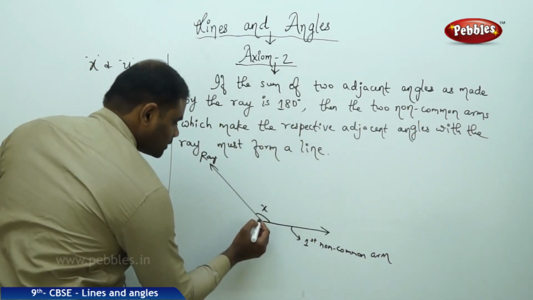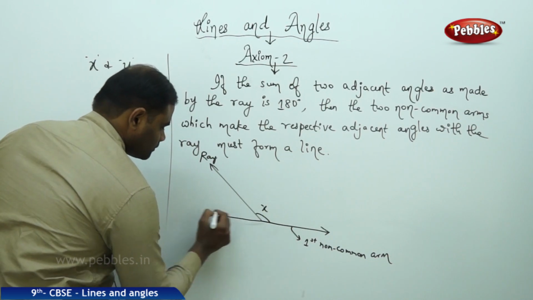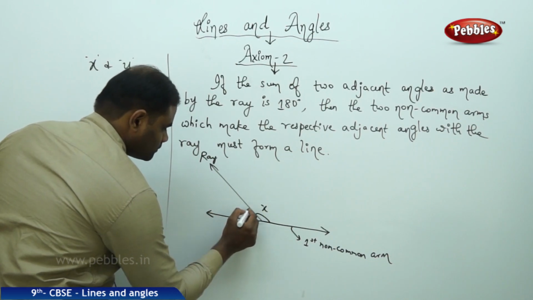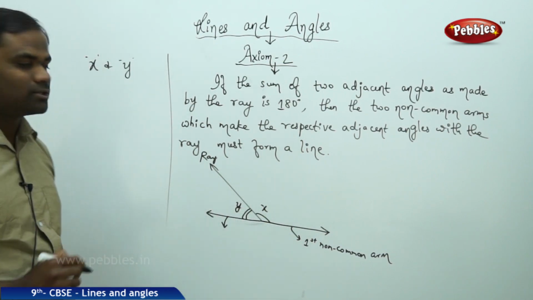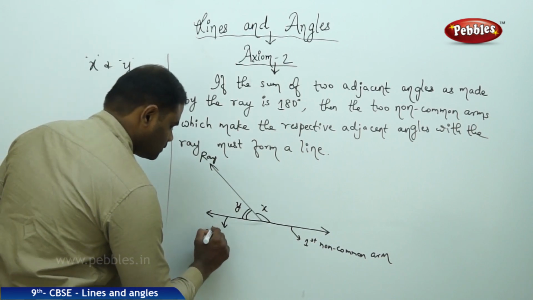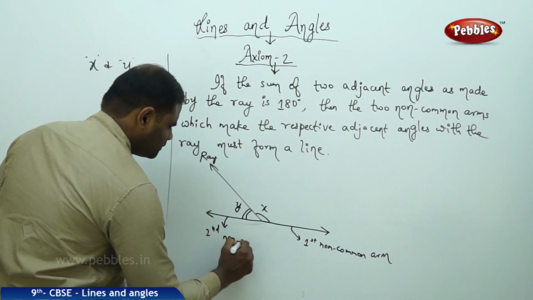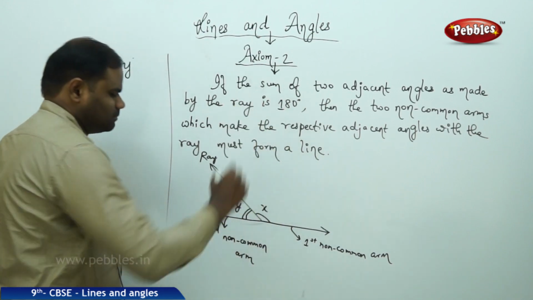So the ray makes an angle y with the second non-common arm.